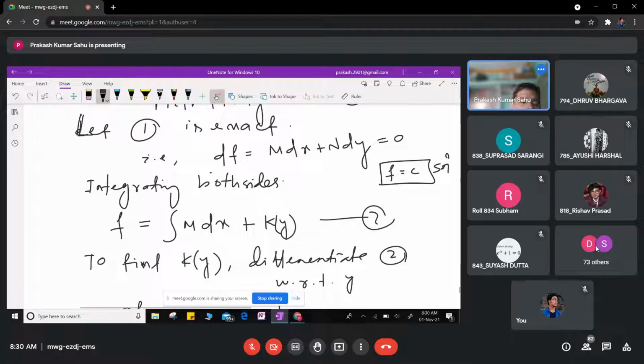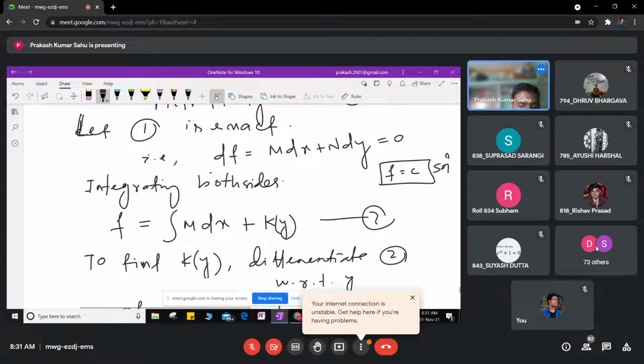I am integrating with respect to x; you can also integrate with respect to y, no problem. Then the second term is a constant which contains y, so I am writing it as a function of y only, K(y).